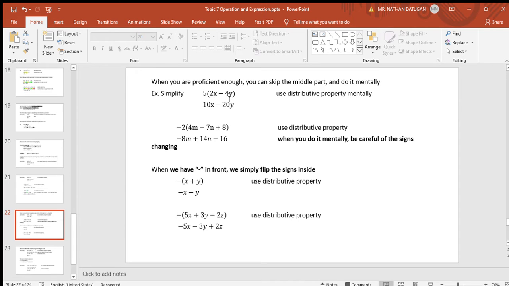Now let's move on to another part that's a bit harder. We have 4m minus 7n plus 8, multiplied everything by negative 2. We're going to distribute negative 2 to all the terms. Negative 2 times 4m will give you negative 8m.